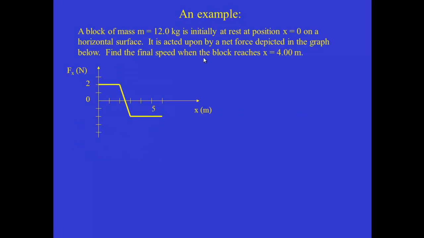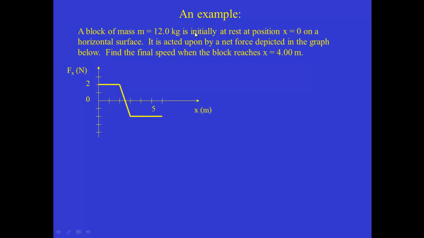Here's an example. A block with a given mass is initially at rest at position x equals 0 on a horizontal surface. It's acted upon by a net force that's shown in the graph here. So we want to find the final speed when the block reaches x equals 4 meters. So x equals 4 is right here. And what we need to do then is find the net work done on the object starting at x equals 0 all the way up to x equals 4.